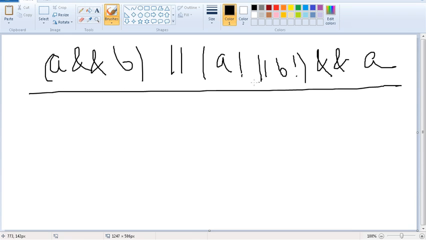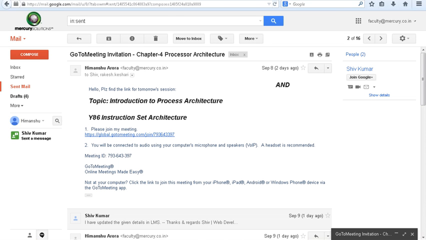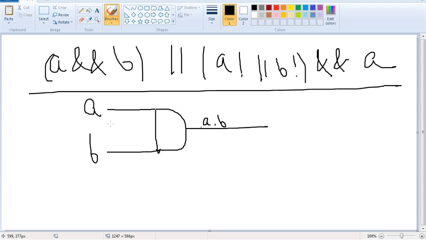So using only two symbols, that is A and B, first of all, finding the AND of A and B. This is the AND of A and B. I have written A dot B, that is A into B. Then A into A naught or B naught.